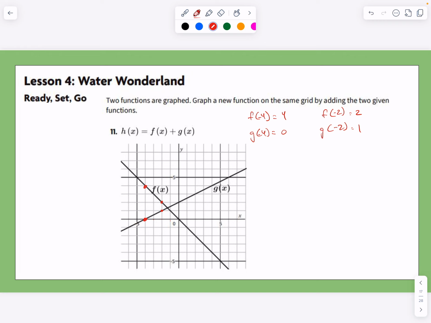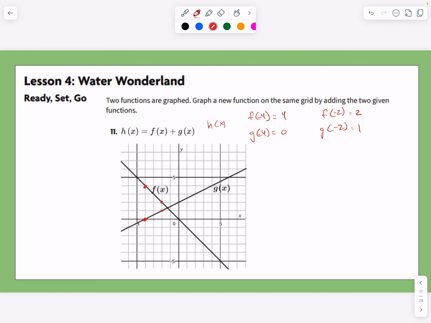It's like you're adding up those equations like we did with the pool. So if you do it like that, then you're thinking, okay, now I have two values, and if I want to figure out what the h of x is going to be, the h of 4, I need to find out what that rate of change is going to be. So you're kind of taking the average of the two, essentially.